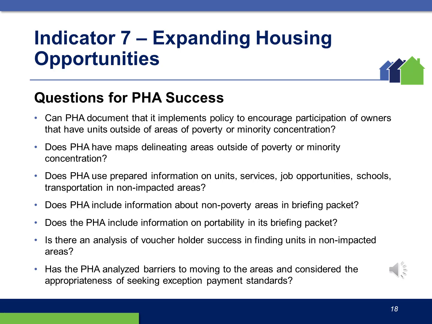Does the PHA include information about non-poverty areas in its briefing packet? Does the PHA include information on portability in its briefing packet? Is there an analysis of voucher holder success in finding units in non-impacted areas? Has the PHA analyzed barriers to moving to the areas and considered the appropriateness of seeking exception payment standards?